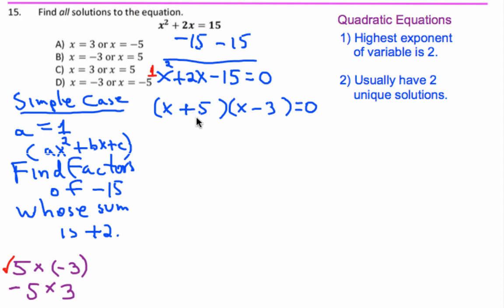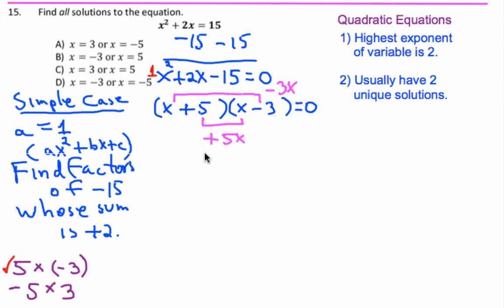Positive 5 times negative 3 is negative 15. Now we need to come up with positive 2x. So 5 times x is positive 5x. And x times negative 3 is negative 3x. 5x take away 3x is 2x, so that's what we want.